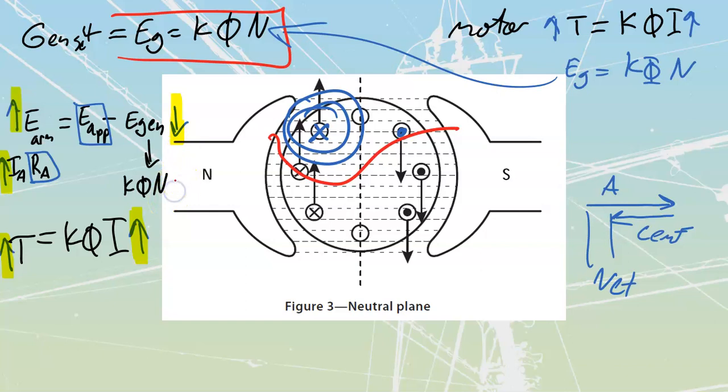Instead of being a low value, it's going to turn to 0, which would mean that my generated value of voltage would be 0, which would mean that I'd be seeing full applied voltage across my armature because we're subtracting nothing, which would mean that I would have a massive amount of armature current equal to my inrush, which, although it's torquing, although it's trying hard to get started, is not able to overcome whatever our load is.